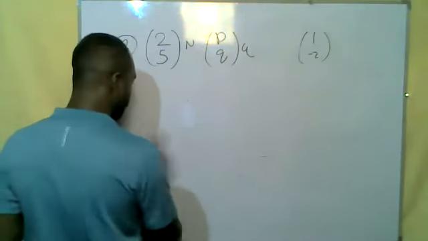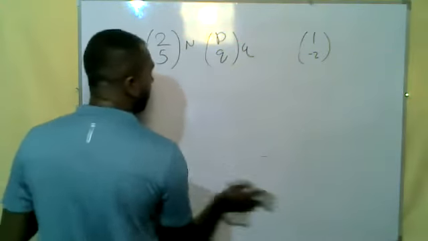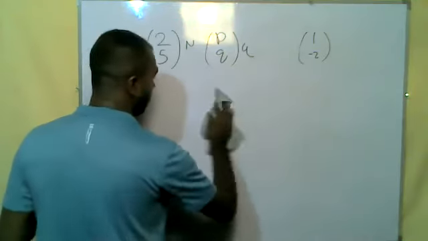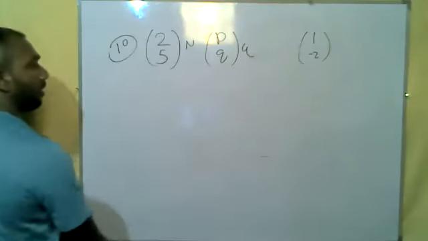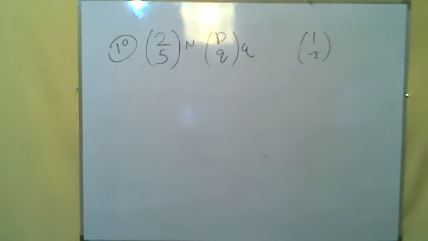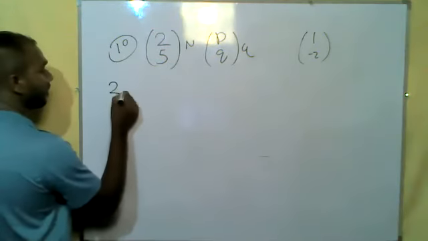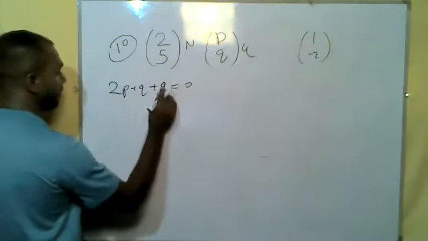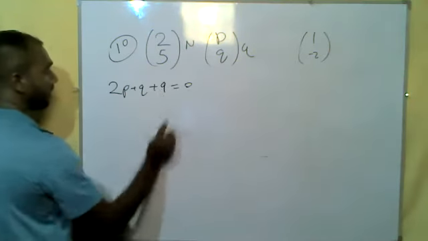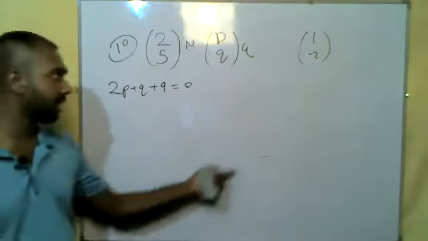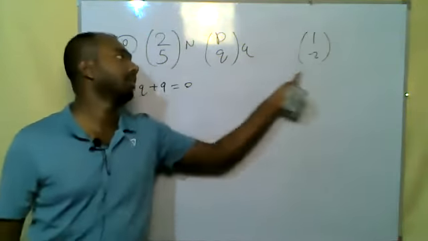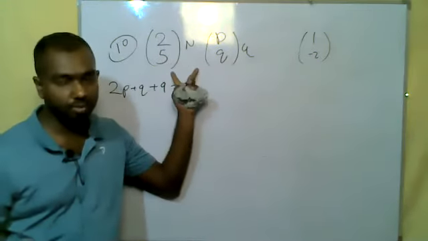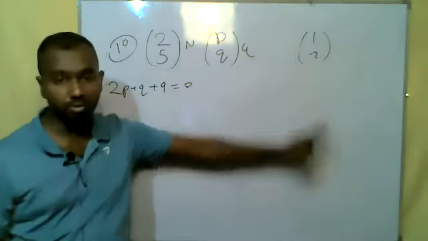What are they asking us to prove? They're asking us to show that 2p plus q plus 9 equals 0. What is the data given? The resultant force of these two is parallel to this one.